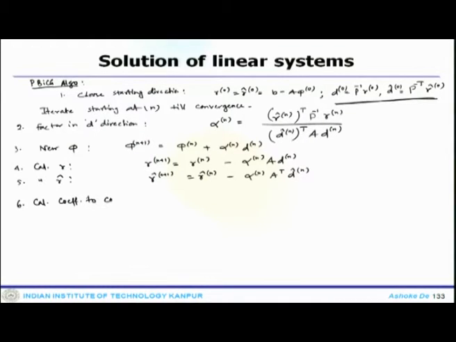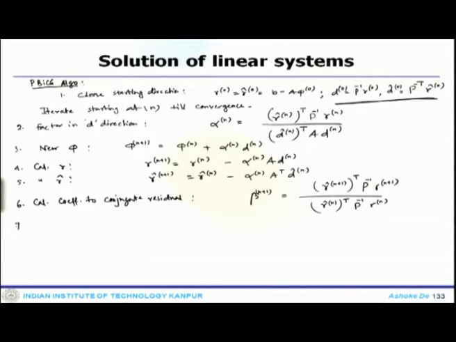Okay. Now, then as usual you need to calculate the coefficient to conjugate residual, which will get you beta n plus 1 equals r hat n plus 1 transpose P inverse r n plus 1, divided by r hat n transpose P inverse r n.